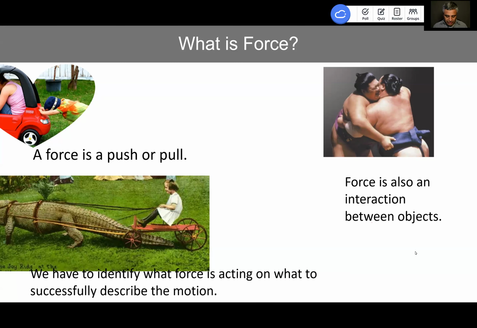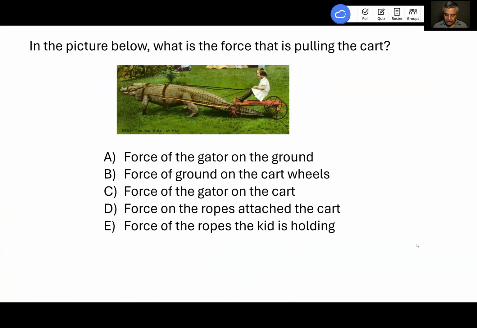For example, here, what is pulling the cart, right? Actually, I have a question here. What is pulling the cart? So I'll let you vote on this one. I'm giving you a minute and 30 seconds. What force is pulling the cart, you think?